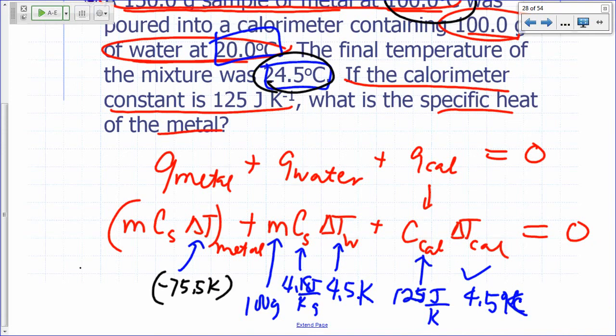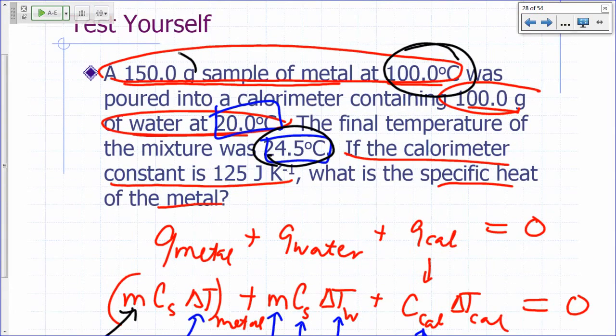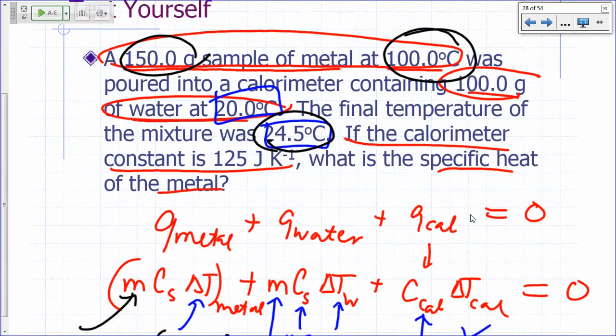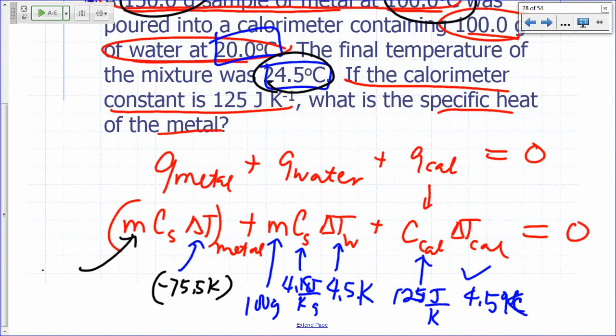Do you know the mass of the metal? 150 grams, right? So what's the only unknown here? The specific heat of the metal. So you have all the information you need to solve for the specific heat of the metal. I'm not going to go into the details of that calculation. You should be able to work it out, okay?